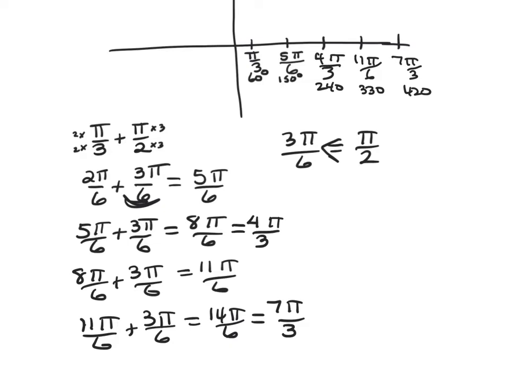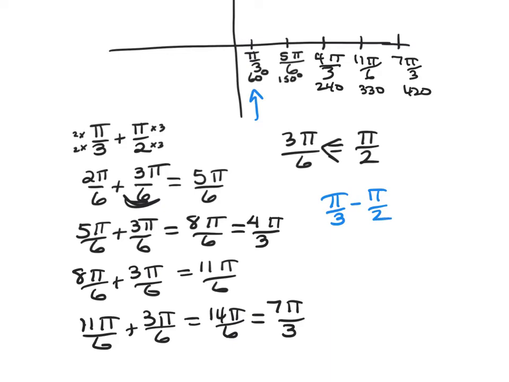Now, to get the left side, I'm not going to just put negative pi over 3, negative 5 pi over 6. I actually have to go from the pi over 3, and I need it 90 degrees apart, so I'm going to subtract pi over 2.